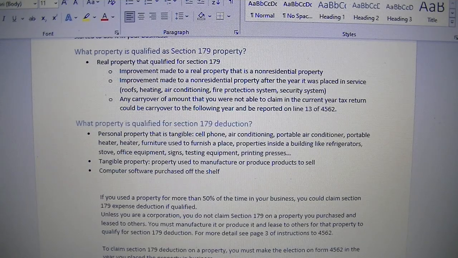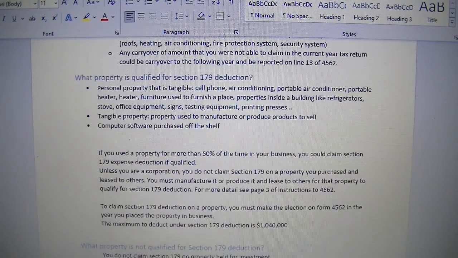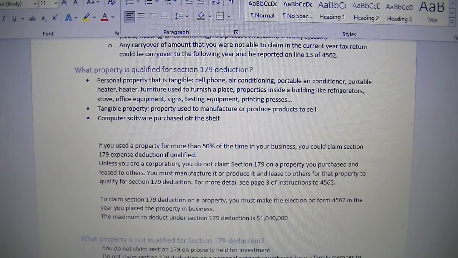If you are using a property for personal use and for business use, you have to track the number of hours you use it for personal use, the number of hours you use it for business, and the total number of hours you use the item, so that at the end you can calculate the portion of the usage that is business.